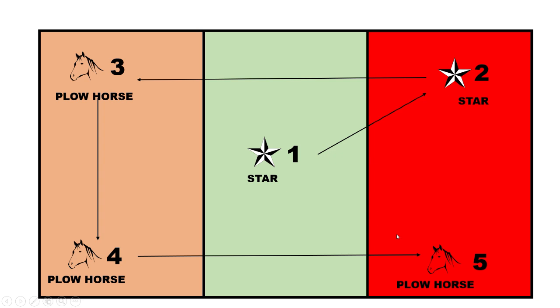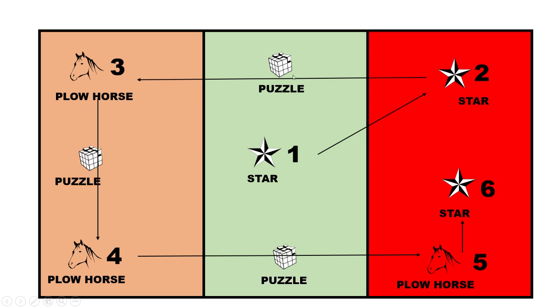Then next, on top of that, there is another place where normally eyes are attracted. This area is for star category items. We can place the star items over there. And then in between these areas, here, here, and here, we can place the puzzle.